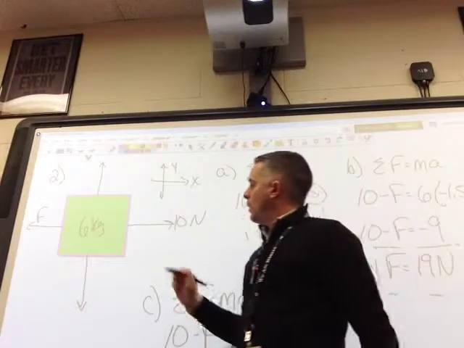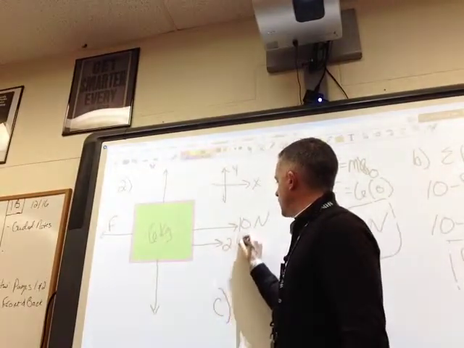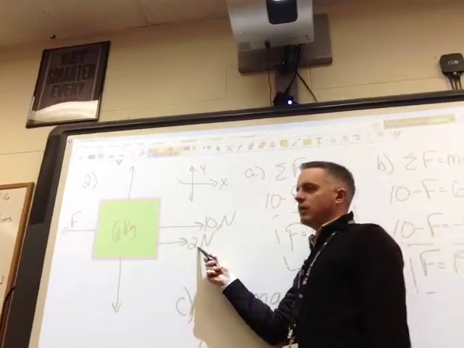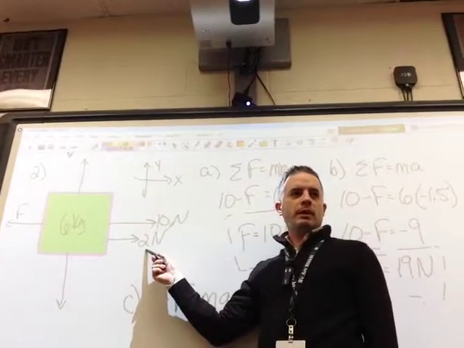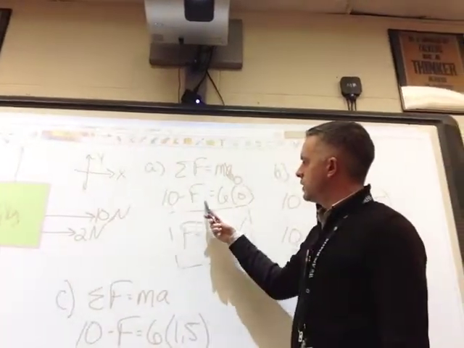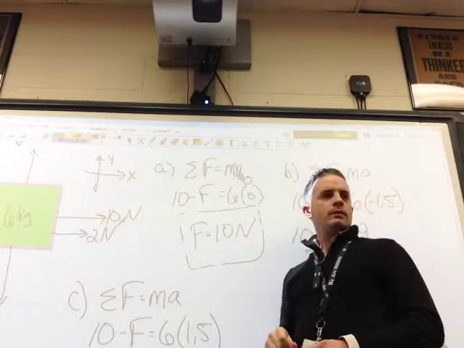What if I had another force, which isn't on there, of like 2 this way? Maybe this was someone pulling, and maybe this was a little motor pushing the box along with a 2 newton force. How would we change this equation? Instead of 10 minus F, what would you do?